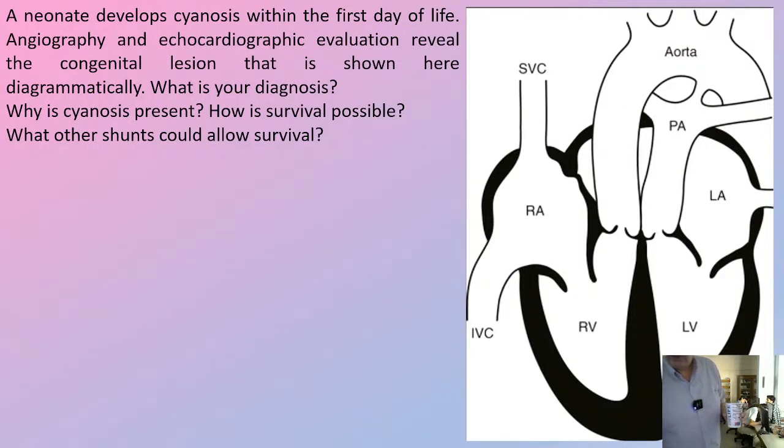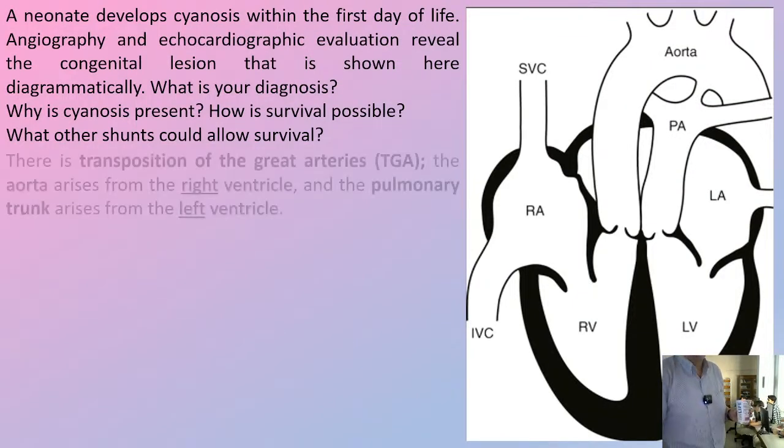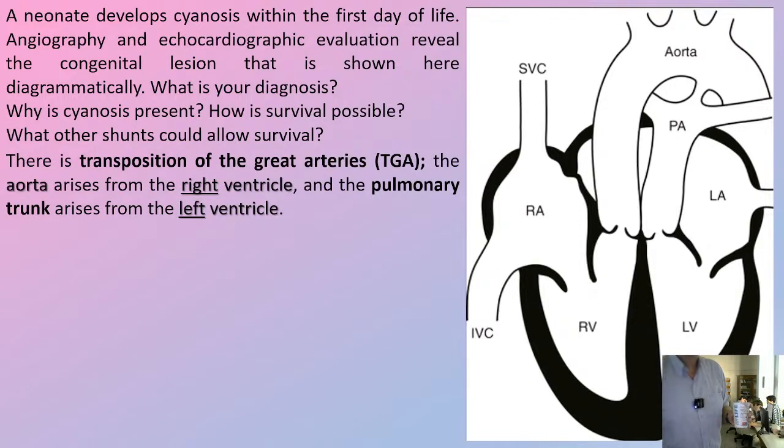This is very interesting because we have the transposition of the great arteries, and you see the aorta here arises from the right ventricle, and the pulmonary artery arises from the left. So in this case, where we have such closed circuits, how will the blood be oxygenated?